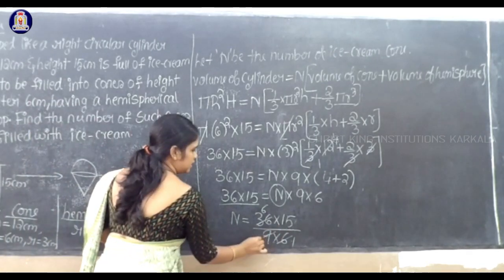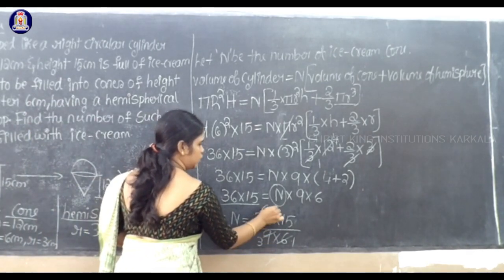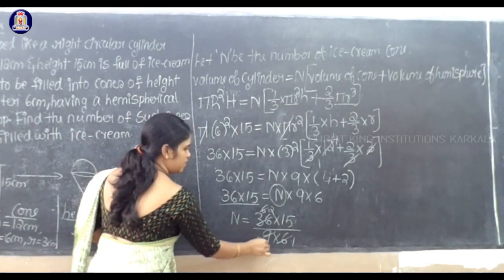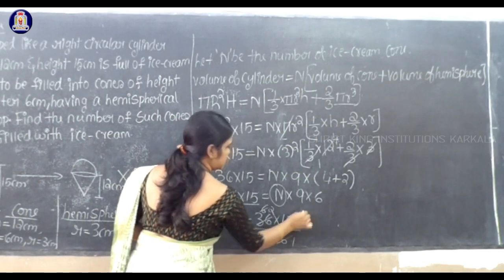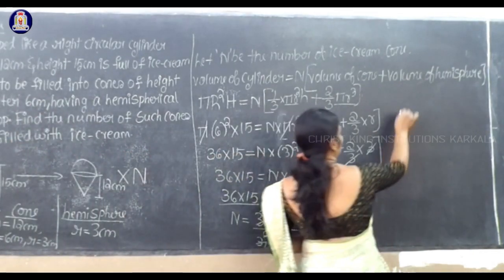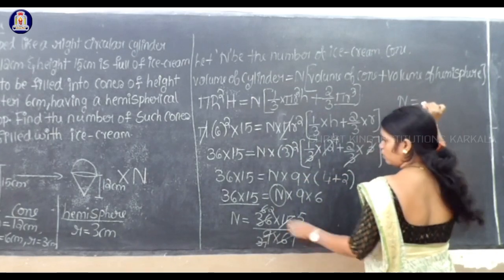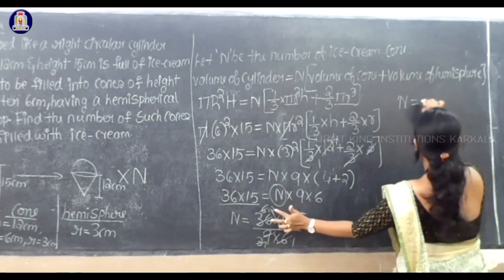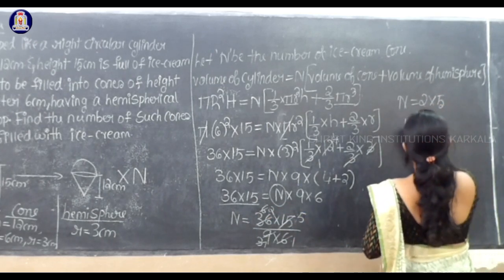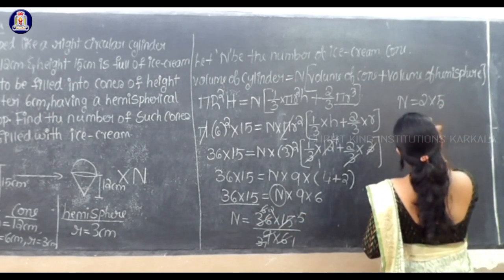Next, 3 threes are 9, 3 twos are 6. Once again, 3 ones are 3, 3 fives are 15. So therefore, what is the value of n? n is equal to, what is the remaining number? 2 into 5, which is 10.